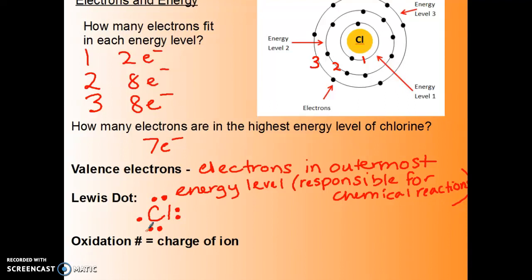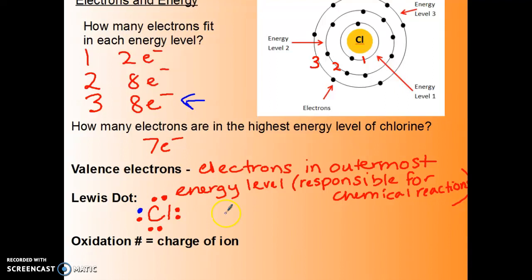Now, if we want to figure out what its oxidation number is, or the charge of the ion once chlorine forms an ion, because right now it's not an ion, it needs to fill up its outer energy level or empty its outer energy level in order to become an ion. So for chlorine, if it has 7, and it's in the third energy level, the third energy level requires 8 electrons to be full. So that means chlorine can take 1 more electron to become full.